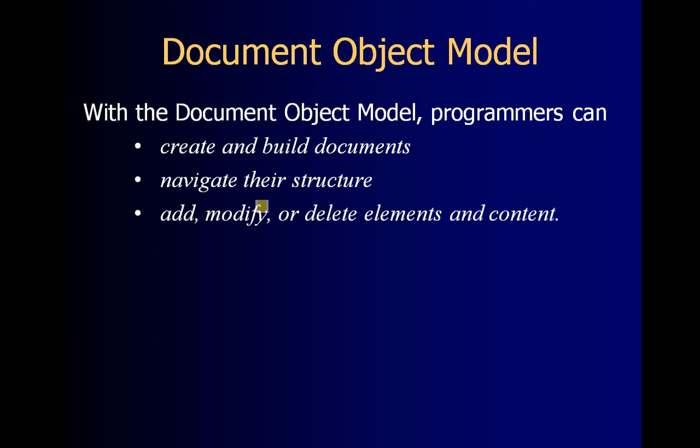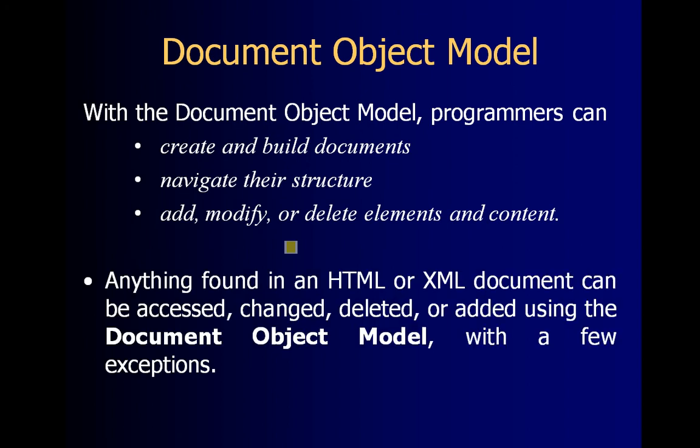We can navigate from one element to the other. We can add, we can modify, or we can delete some elements using document object model, and the content we can modify. So with DOM we can access anything in the HTML or XML. We can change it, we can delete it, we can add it, we can append it with document object model.